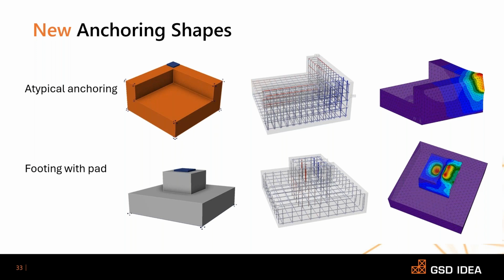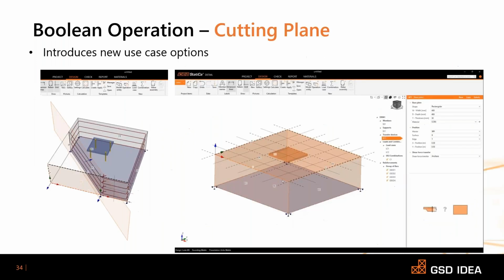So I was talking about the new features apart from the integration of the ACI codes. Let's see the new features. The first one was the Boolean cut operation with a Boolean cutting plane.